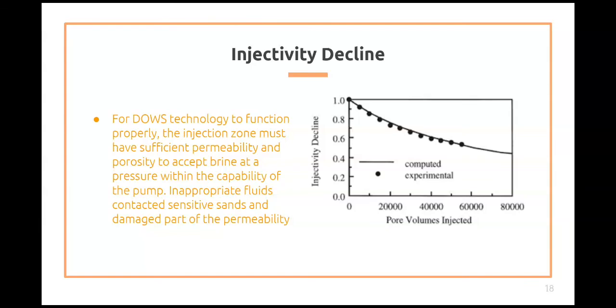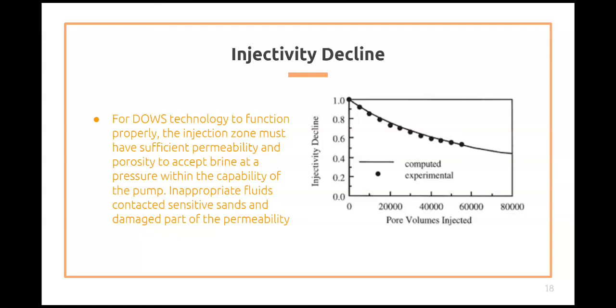The first problem that comes with downhole separator technology is injectivity decline. In order for the technology to function properly, the injection zone, which is the formation, must have sufficient permeability and porosity to accept brine at pressure within the capability of the pump.